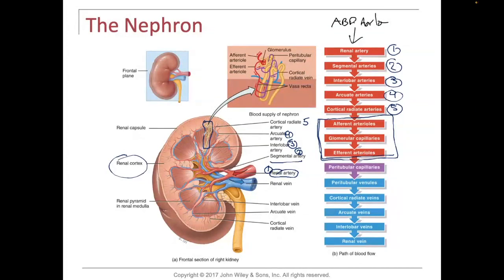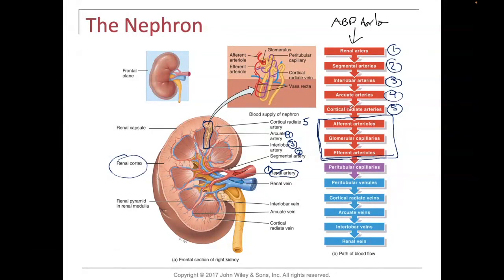Remember that yellow tubular system? That's called the nephron. And we have to try and drive the blood into the nephron. So how do we get the blood from here into what we see up here, the nephron? All the yellow stuff are parts of the nephron. The red and the purple, those are blood vessels.